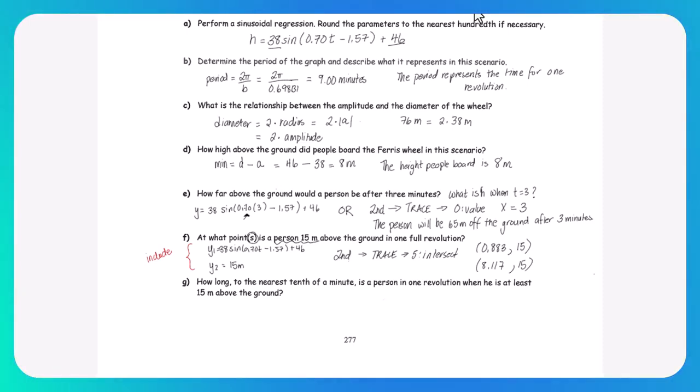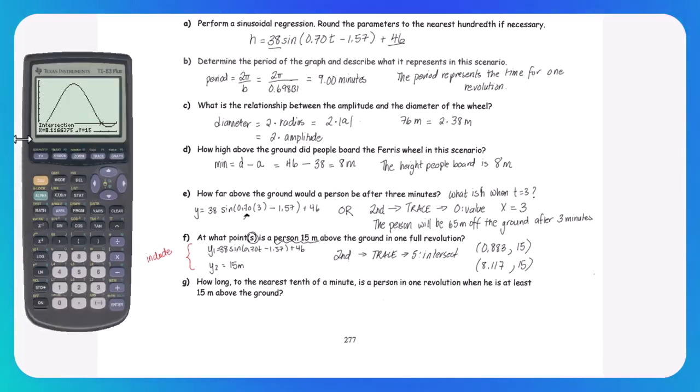But the next question says, how long to the nearest tenth of a minute is a person in one revolution when he is at least 15 meters above the ground? So going back to the graph, I'm just going to hit graph to get rid of that.